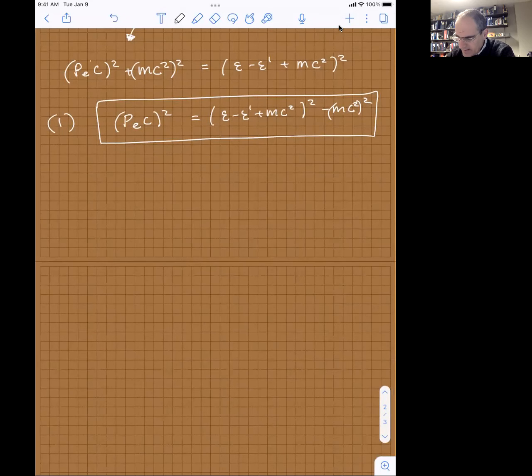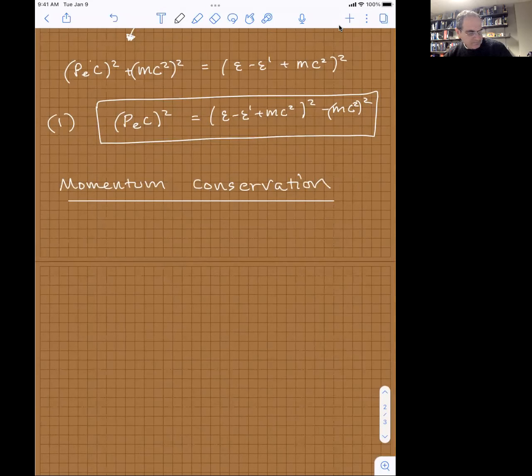The next step is to use momentum conservation. Here, we know that the initial momentum, which was the momentum of the initial photon, since the initial momentum of the electron was 0, is equal to the momentum of the scattered photon plus the momentum of the electron after scattering.